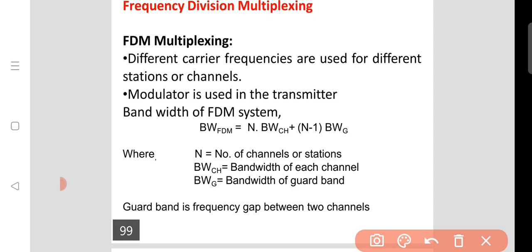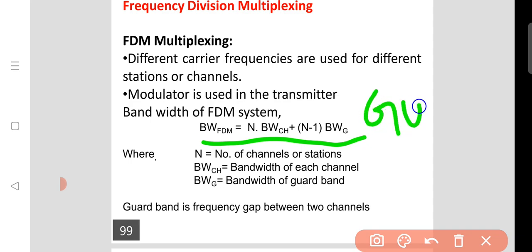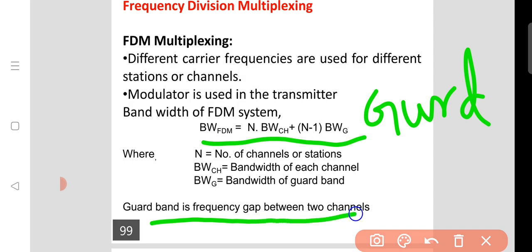Here is the simple formula: bandwidth of FDM equals n into bandwidth of channels, BW_CH, plus n minus 1 into bandwidth of G, where G means guard. This is the guard bandwidth. What is guard bandwidth?